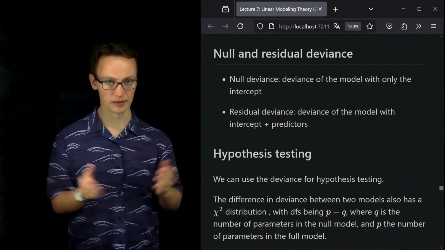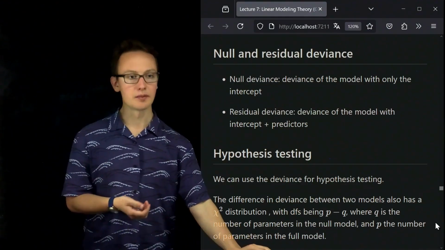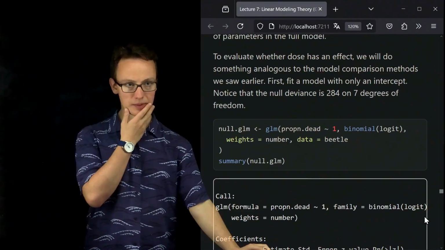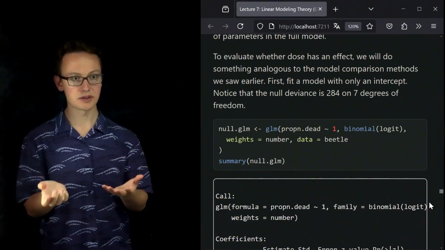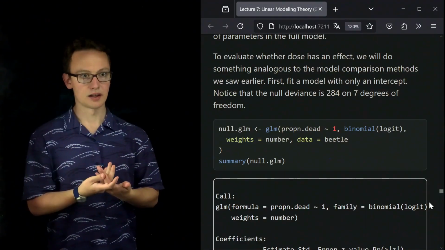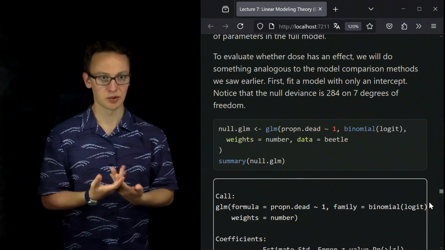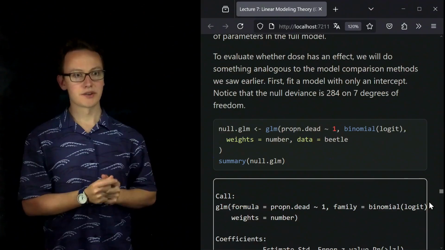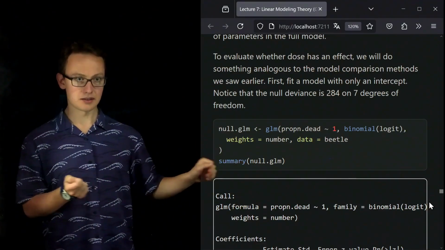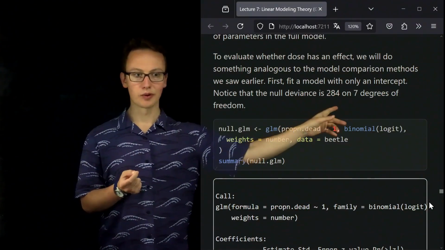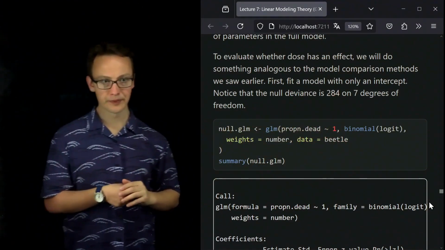Or the alternative model, as I just called it. So how can we do this here in our example? In our example, we would want to evaluate whether the dose has an effect that is significantly improving the goodness of fit of the model. So first, we have our null model fitted, right? Its deviance was 284 on 7 degrees of freedom.